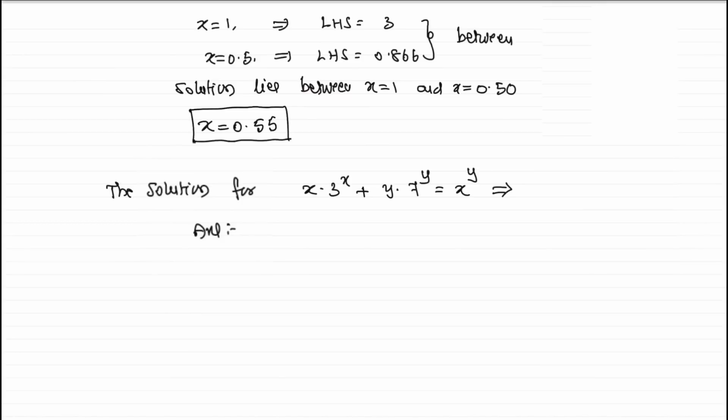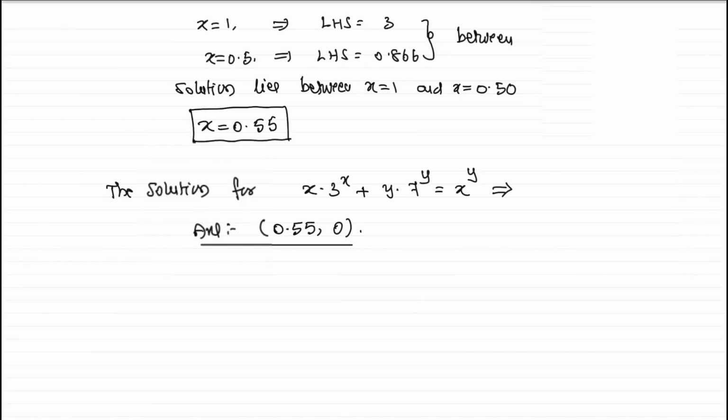Hence, we have to consider only y is equal to 0. At y is equal to 0, x is equal to 0.55. 0.550 is the answer. Please remember, at x is equal to 0, it does not have any value.